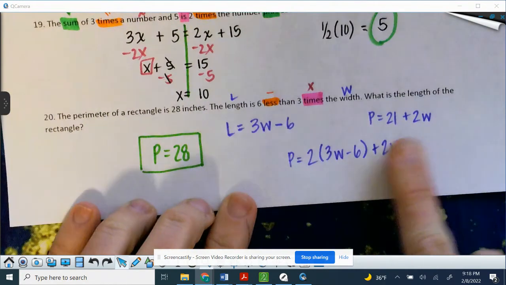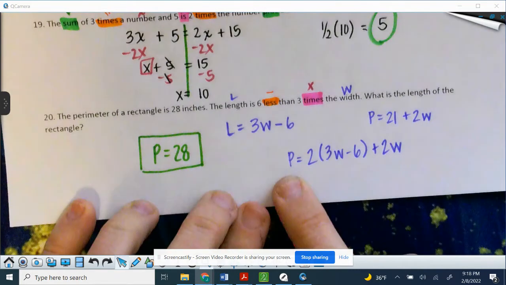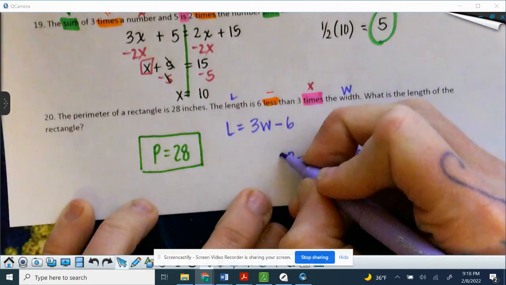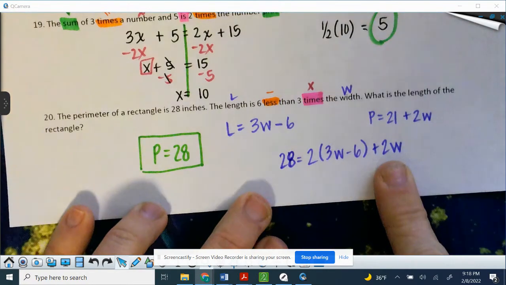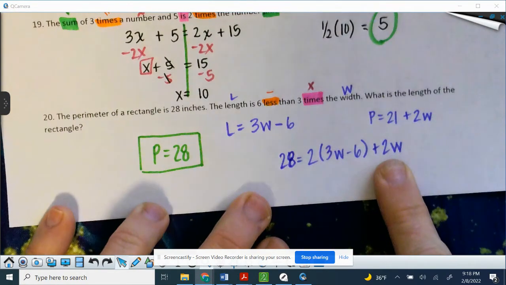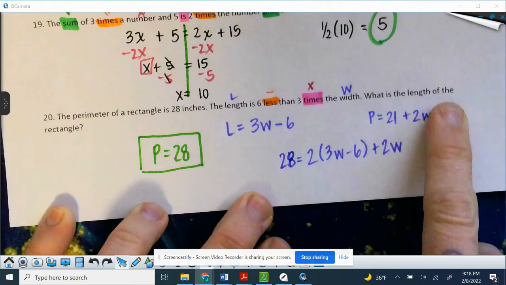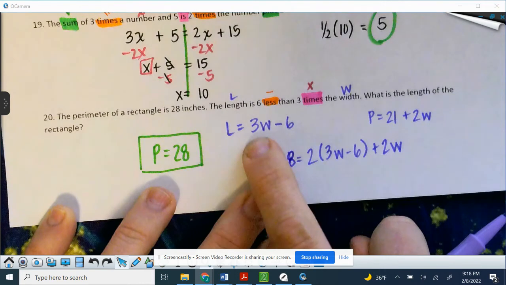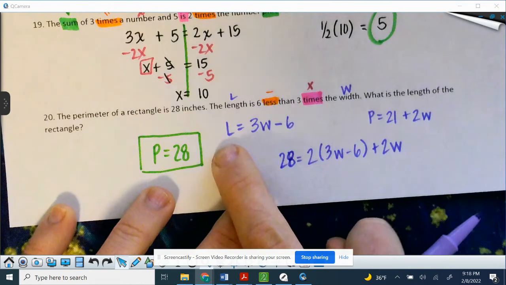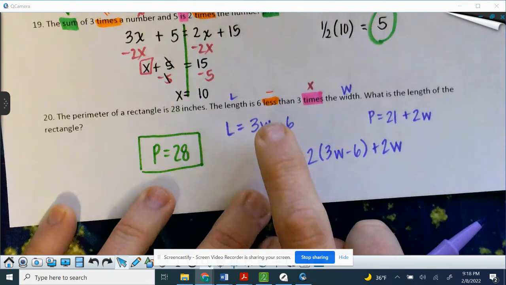And now we know our perimeter is actually 28, and all we have left is a W. So now we're solving for the width. That is not the question that's being asked, but we have to know the width before we'll know the length, because length is in reference to width. So length is dependent upon what our width is. So we're going to do one thing at a time.